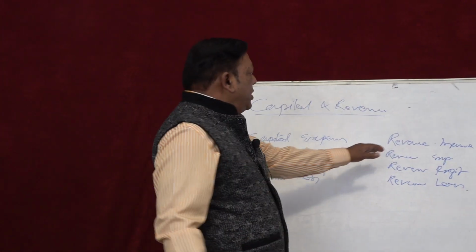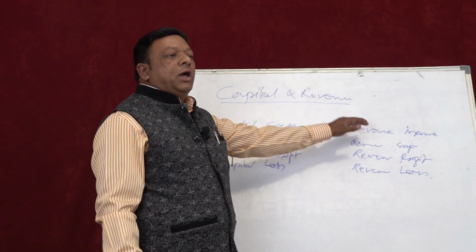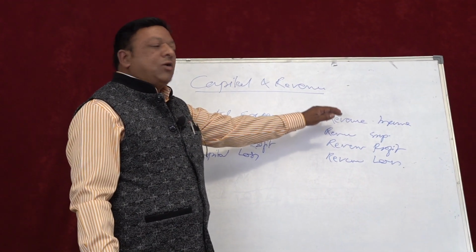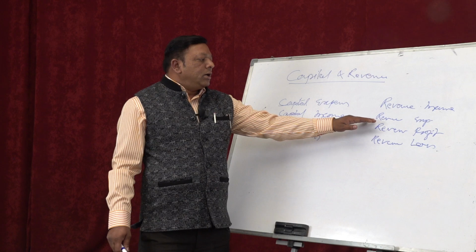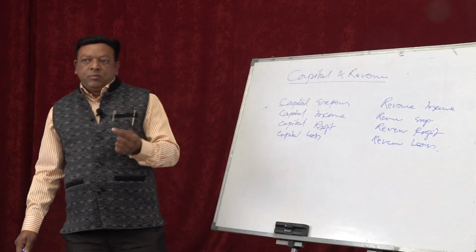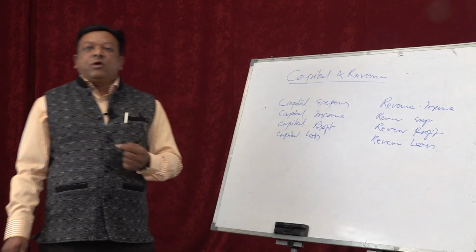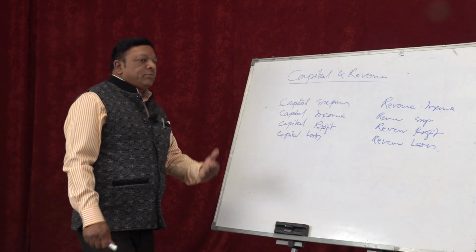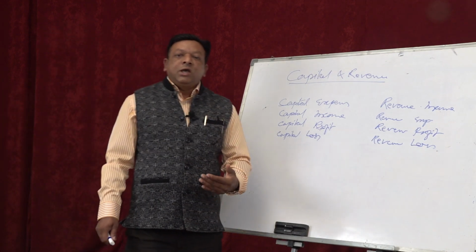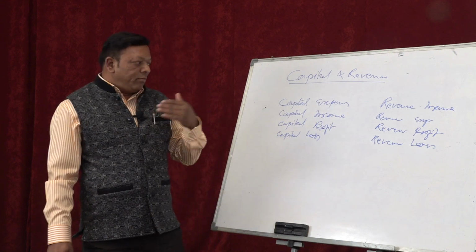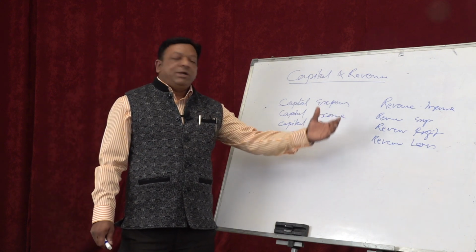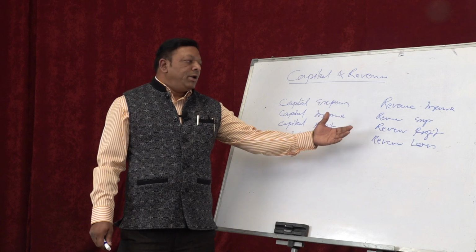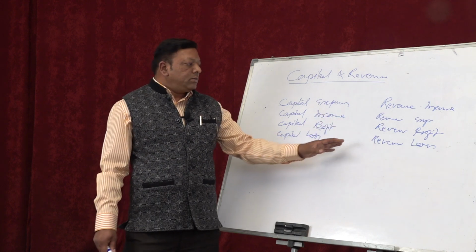So the revenue income is the business income from the operation of the business. Then revenue expenditure is the expenditure done for the business operation, the activities taking place on a regular basis. For business transactions, what expenditure we pay is the revenue expenditure.